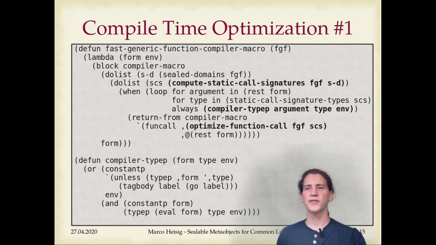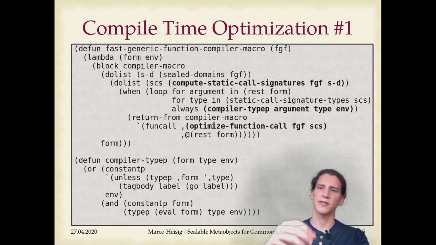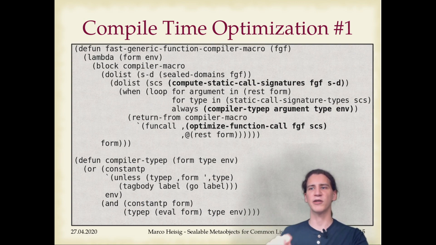So we call constantp in this environment of a form that is a constant if and only if the form is of this type, and otherwise it diverges. The diverging part is this tagbody label (go label), just an endless loop. So either it terminates and returns nil, or it loops forever.